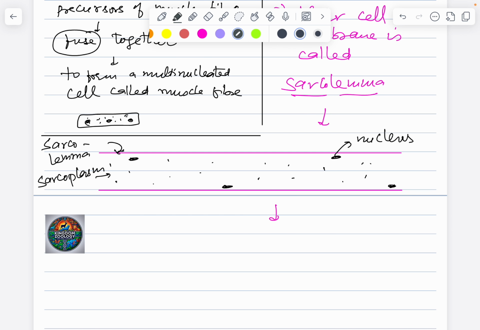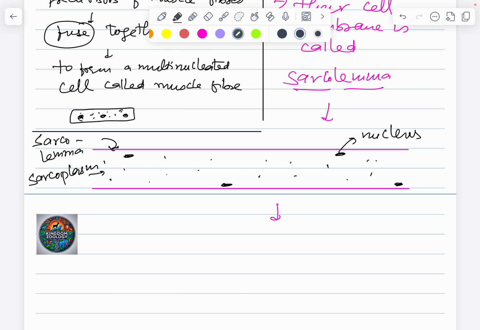So when I talk about the striations, how exactly will they be visible on the surface of the muscle fiber? Something like this. As I see, repeating at regular intervals on the surface of the muscle fiber are structures which are called the striations.